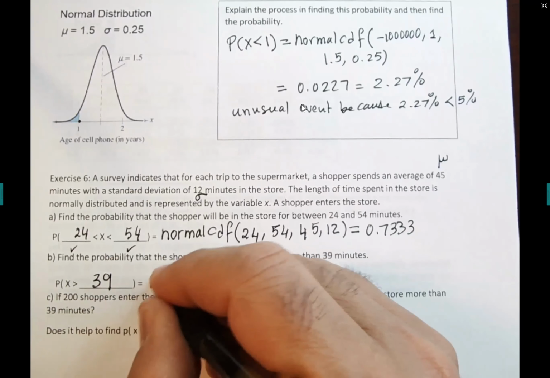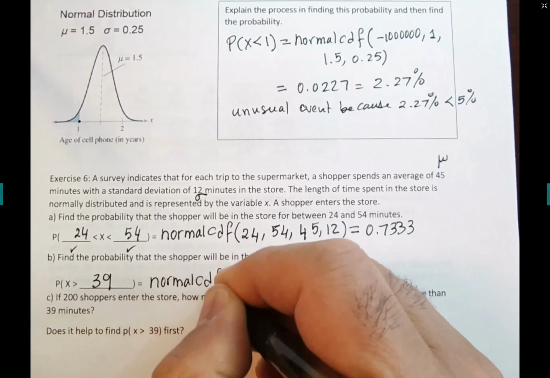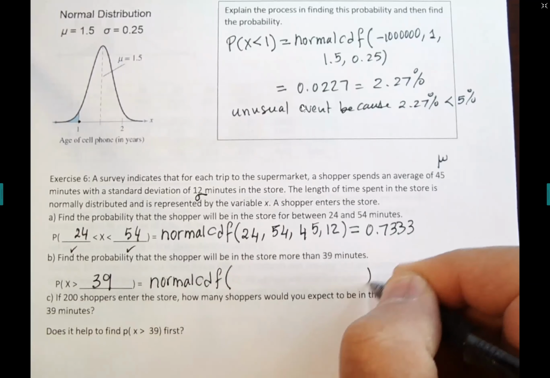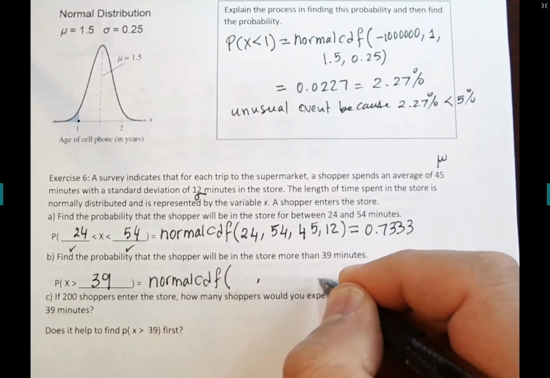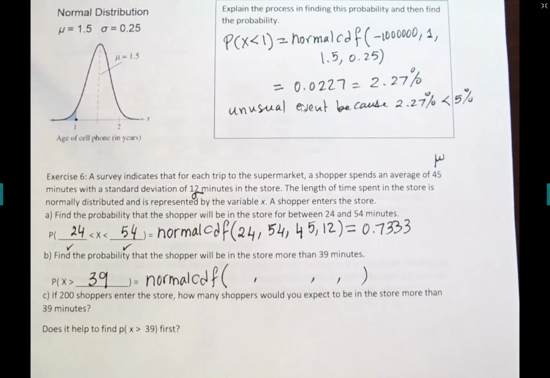It's normal CDF, and I need your suggestions for the lower, upper, mean, and standard deviation. What's a lower? More than 39 means 39 and up. So would you guys agree that 39 is the lower bound here?